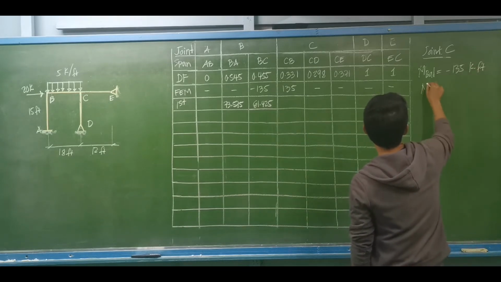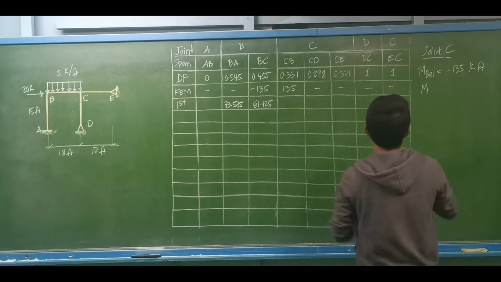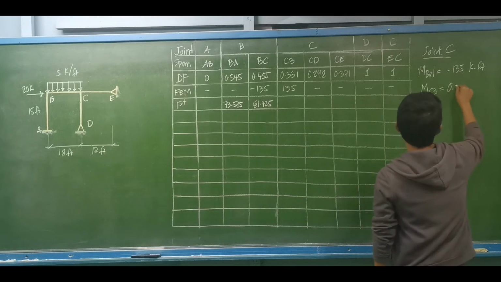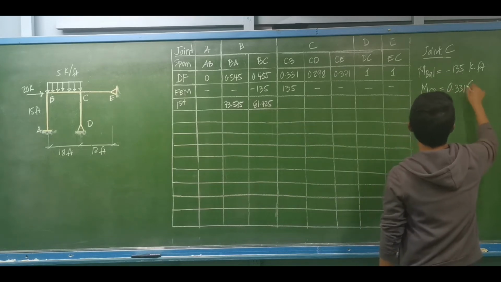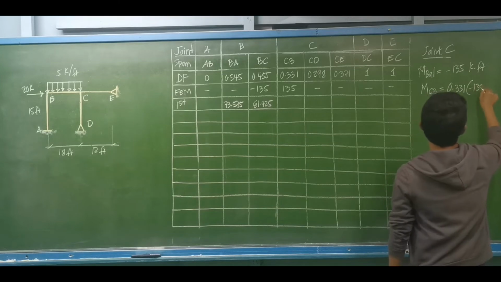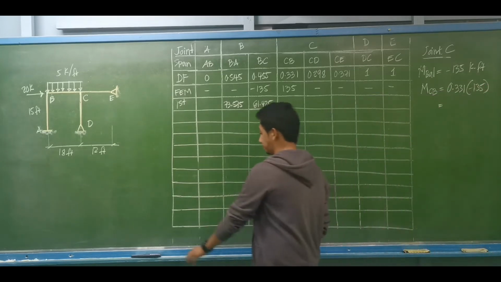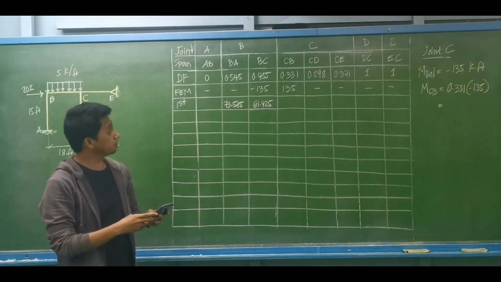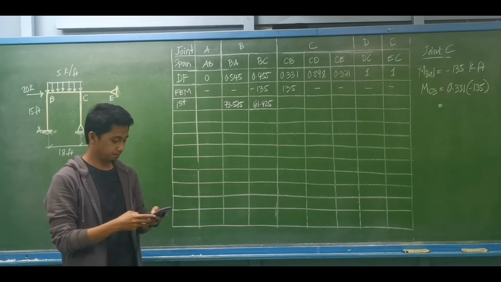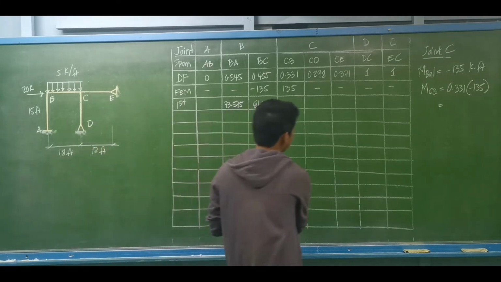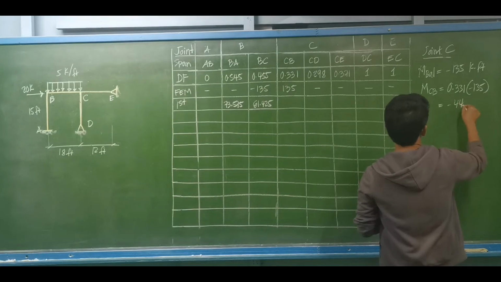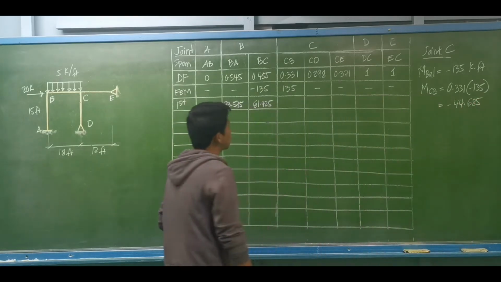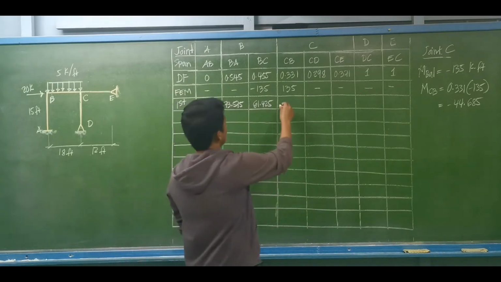So we are to, for example, compute for the moment for CB. The moment for CB under the first distribution is its distribution factor 0.331 times the balancing moment of negative 135. So it should be negative 44.685. That will be the moment to be distributed for span CB.